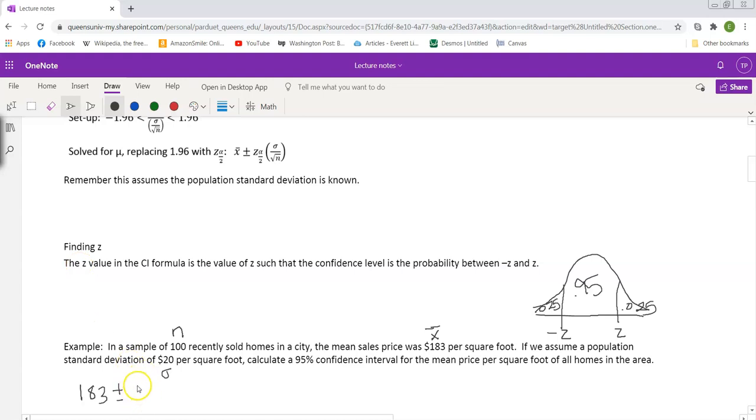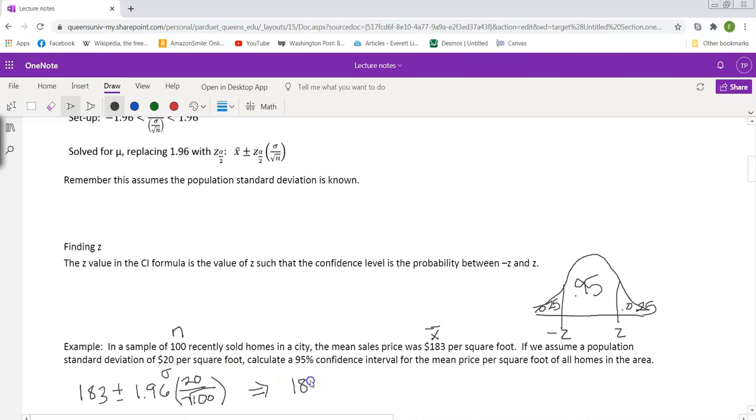So this is 1.96 times sigma, and sigma is 20 over the square root of the sample size, which is 100. And so then we just need to figure out what this calculates to be.